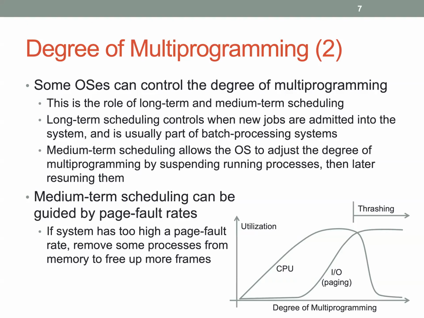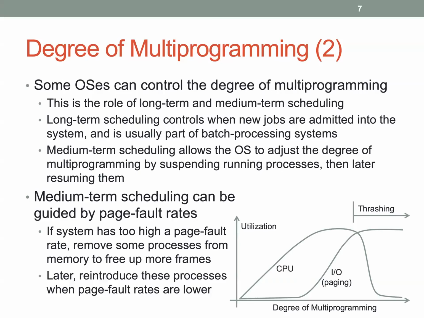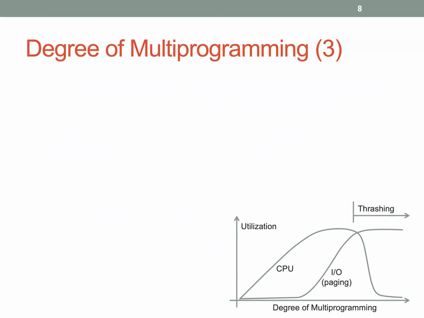And if you see that one process has a huge fault rate, in that it is generating faults, and other processes have very low fault rates, suspend the process that has the high fault rate. So you can have your medium-term scheduler be quite clever about how it makes these decisions based on the statistics of what it sees processes doing. Okay. So pretty clever kind of techniques. We'll talk about some other techniques as we get toward the end of this talk as well.